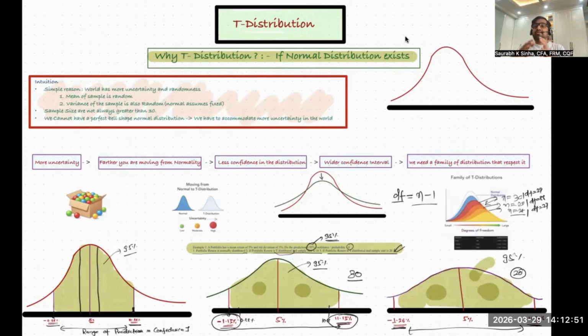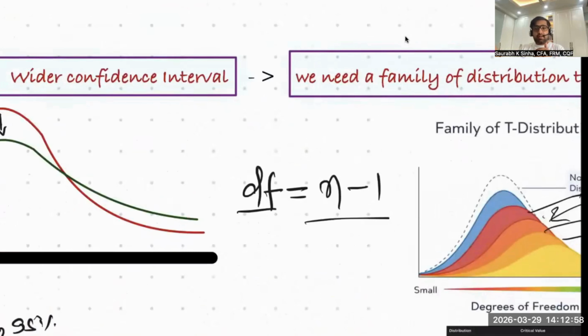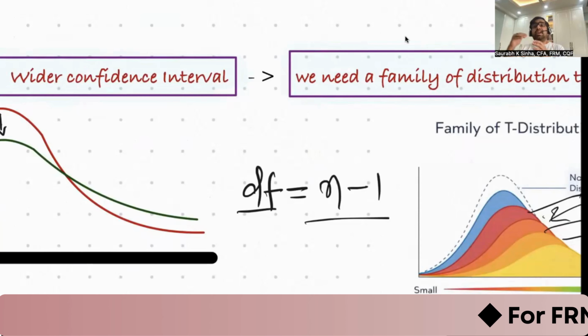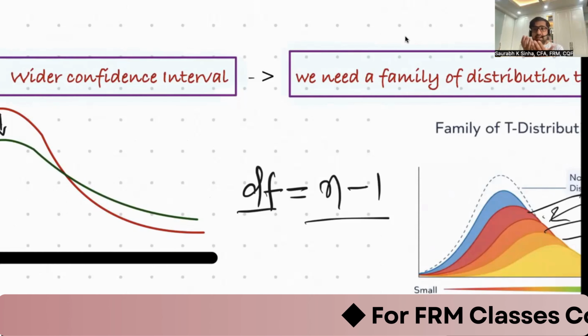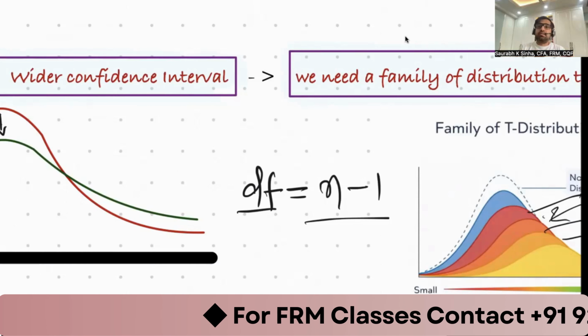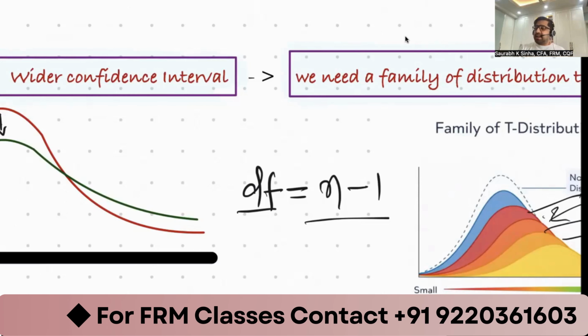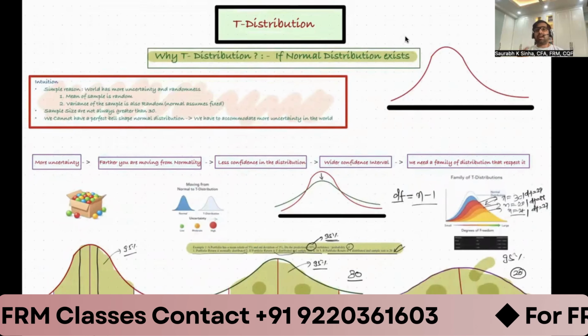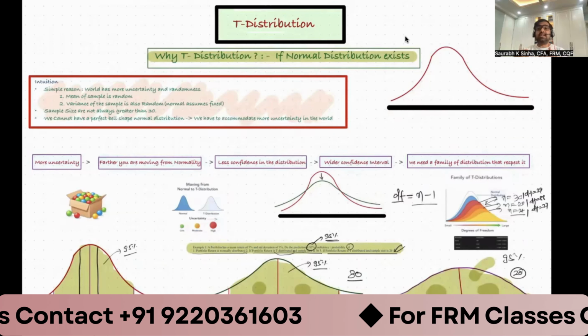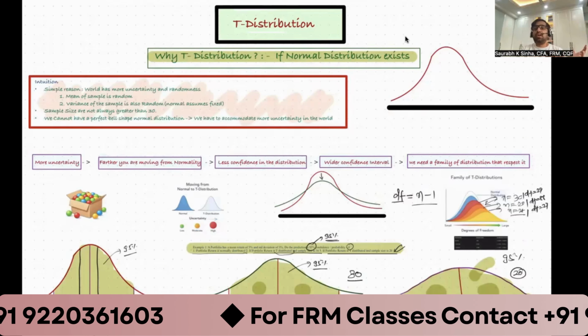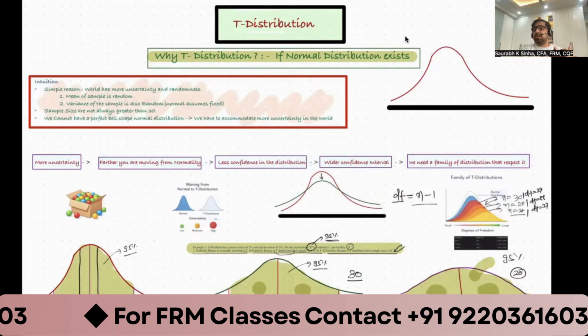You have a family of t distributions, which is dependent upon the degree of freedom, which is sample size minus 1, right? And therefore, there would be different tables that you have to study and read to do the prediction with the help of t distribution. And that is what we'll discuss in the next session: how to do the prediction with the help of the t table, the same way we were doing for the z table, which is for normal distribution.